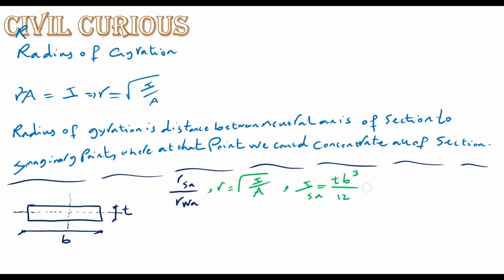And we have here the moment of inertia of weak axis, which is equal to b times cubic t divided by 12. You see, and the section of rectangle about two axes is equal. We have here A1 is equal to A2, or section of a strong axis is equal to section of weak axis.